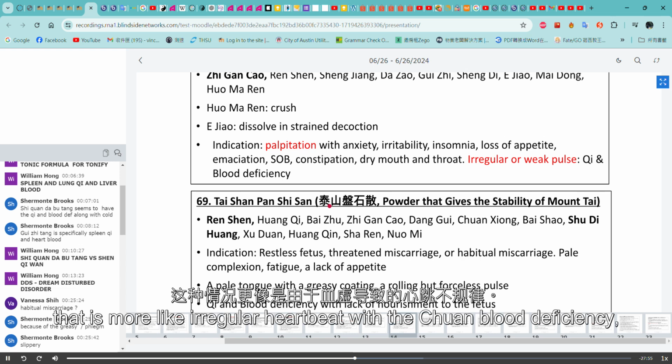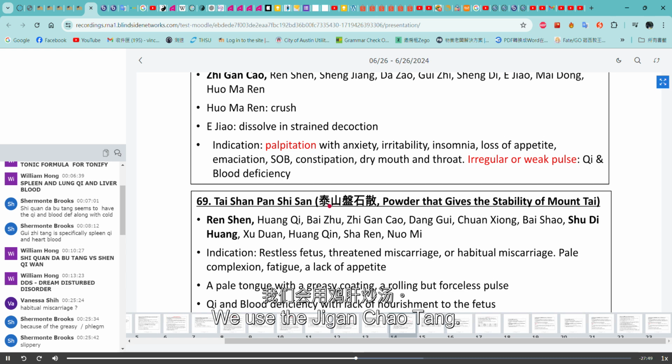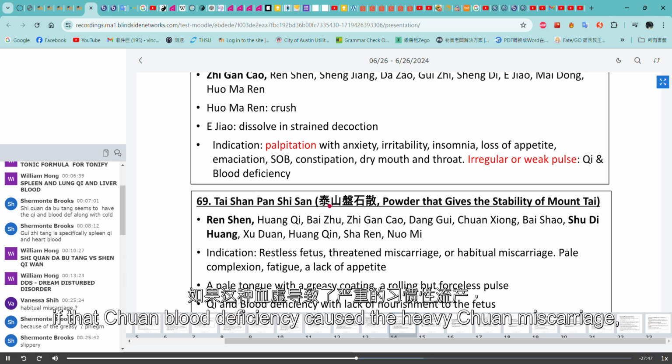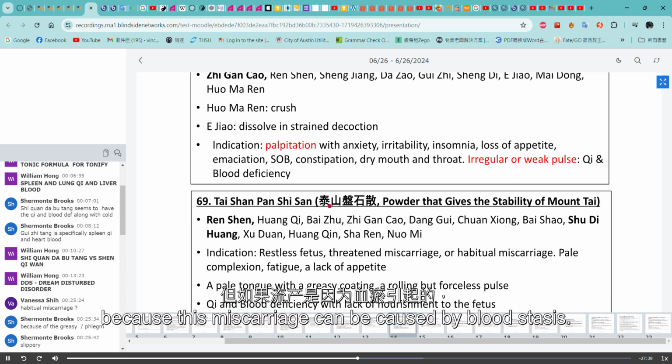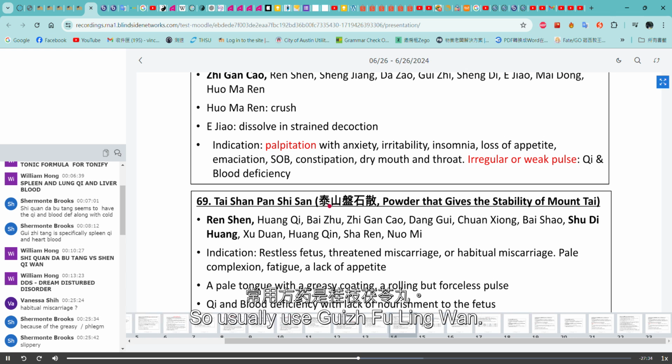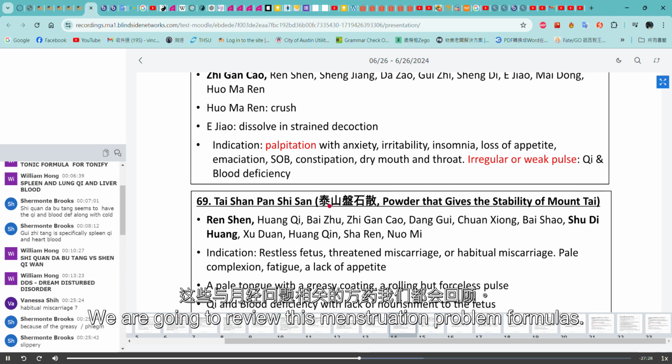If it is more like irregular heartbeat with blood deficiency, we use Zhigancao Tang. And if that blood deficiency causes habitual miscarriage, this is Taishan Pan Shi San, because miscarriage can also be caused by blood stasis. So usually use Guizhi Fuling Wan, or for miscarriage due to cold, Wenjing Tang like that.